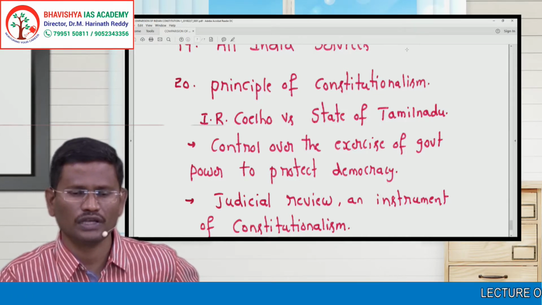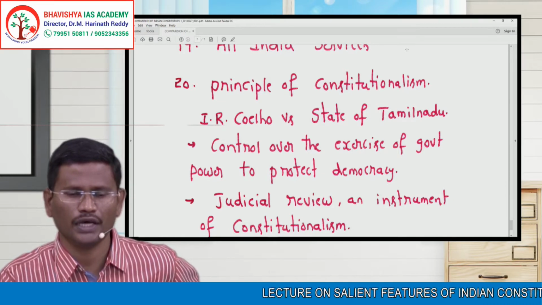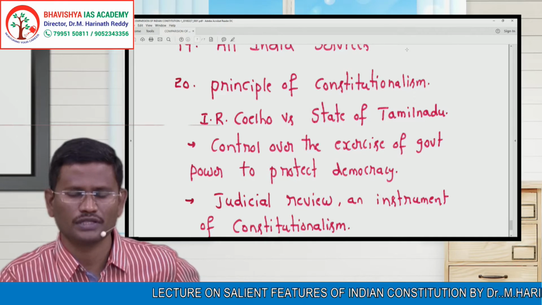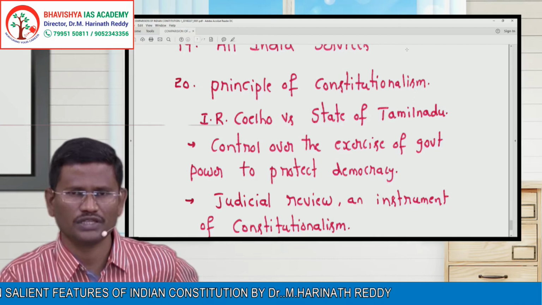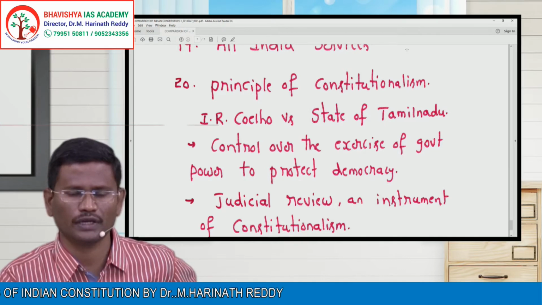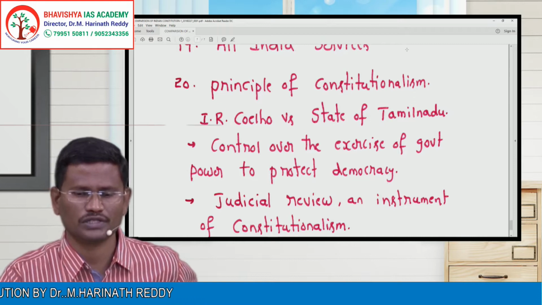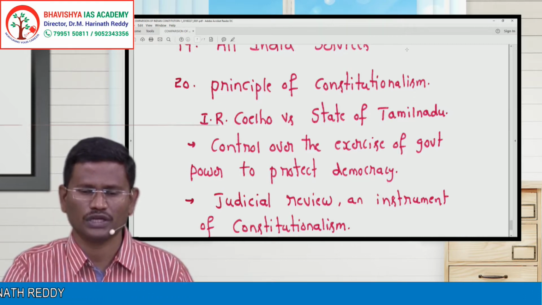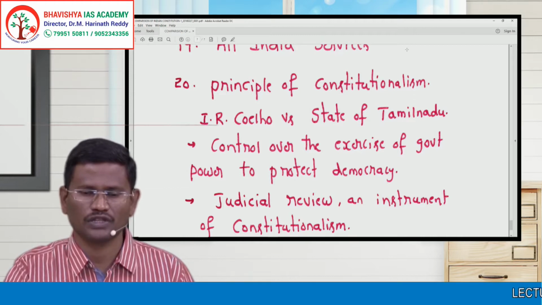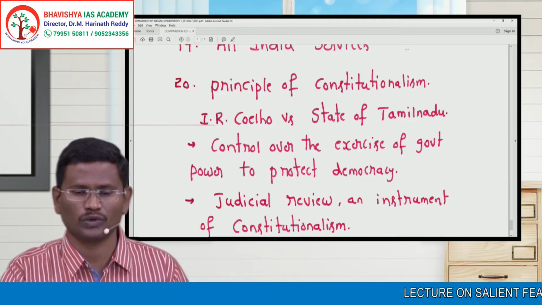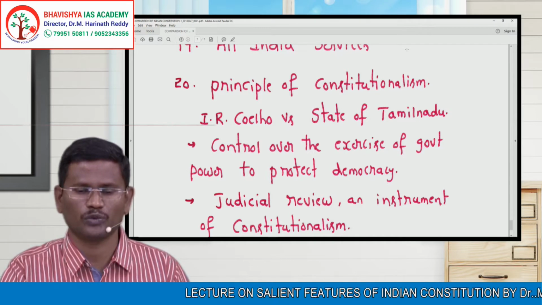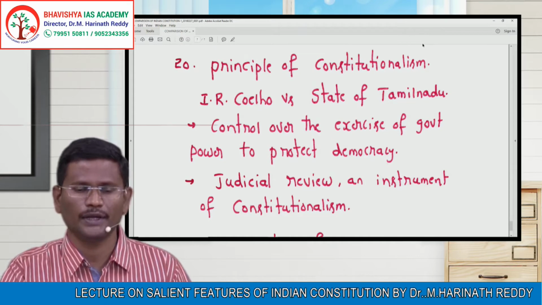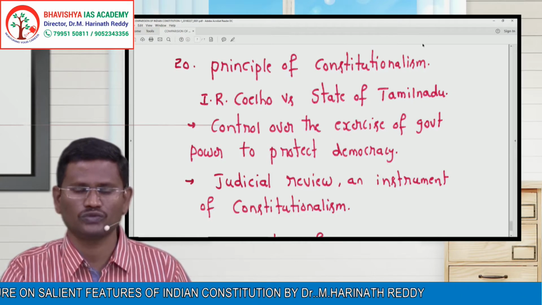In one of the cases in 2007, I.R. Coelho versus State of Tamil Nadu, which relates to the immunity enjoyed by the 9th Schedule, the Indian Supreme Court said that control over the exercise of government power is necessary to protect democracy, and this can be done through an independent judiciary, through the power of judicial review.